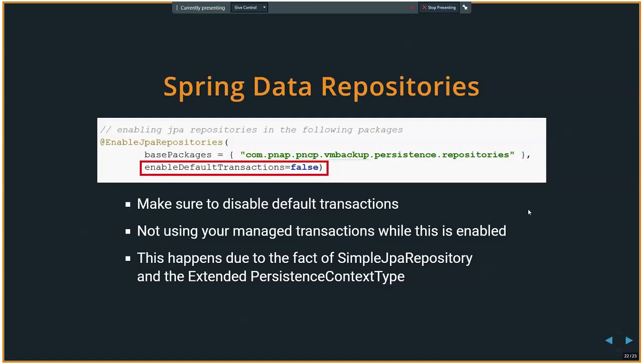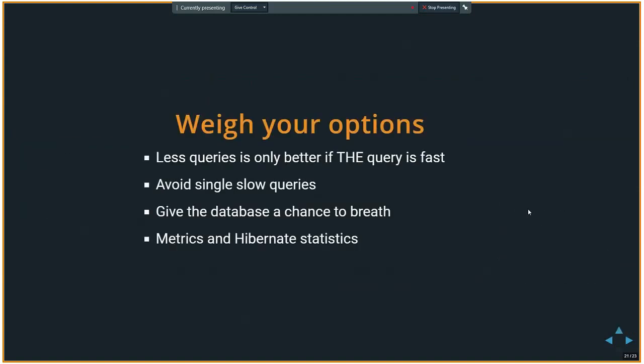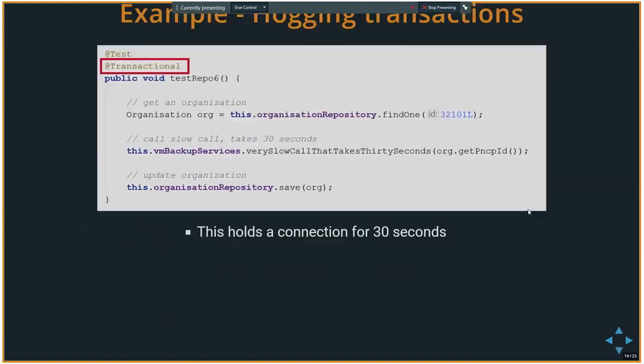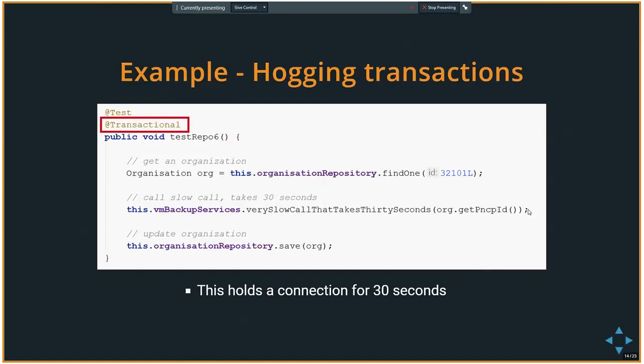So we end up with code that's already committed, but then we want to roll back, for example. So imagine we do a method like this one, for example. There's a @Transactional at the top, so we're expecting that we do a findOne, we query the organization, we do something with that, which takes 30 seconds.